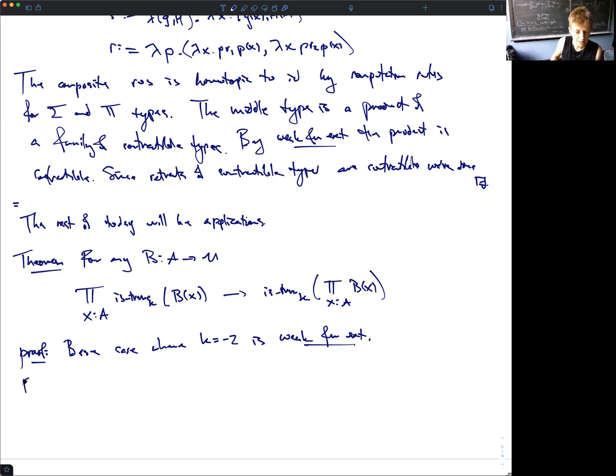So for the inductive step, we get to assume that products of families of k-types are k-types.